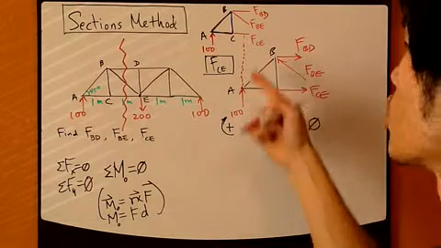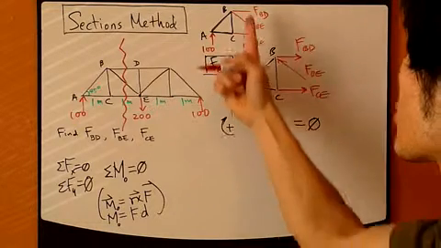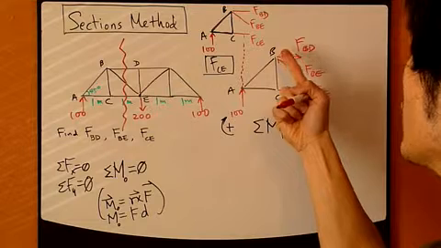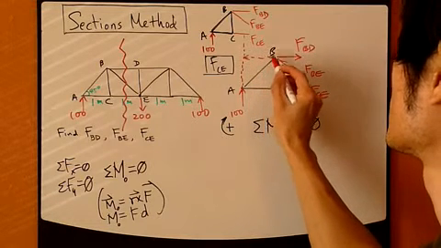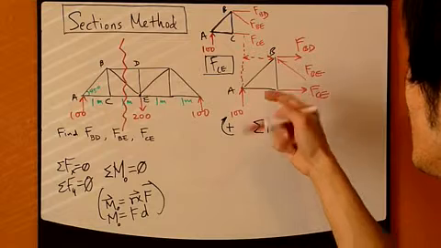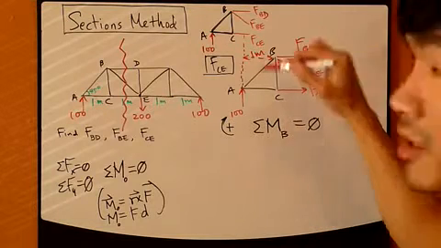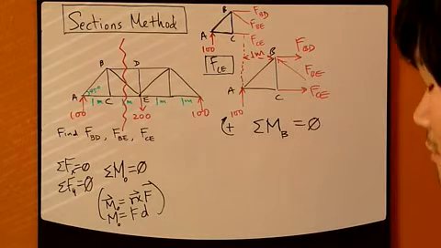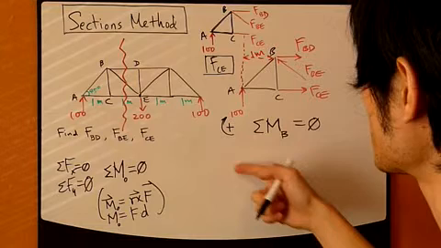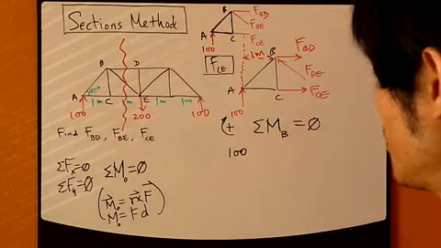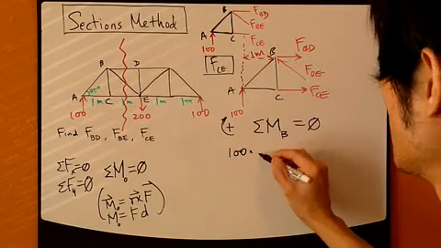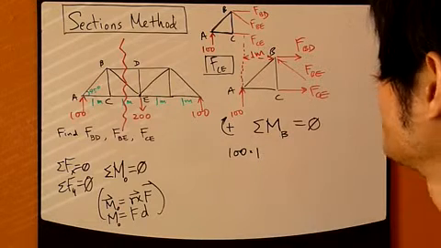The shortest distance between this line of action and this joint B is this distance right here, which is exactly 1 meter. So that's easy enough. So my first moment term is from this 100 Newton times 1 meter.